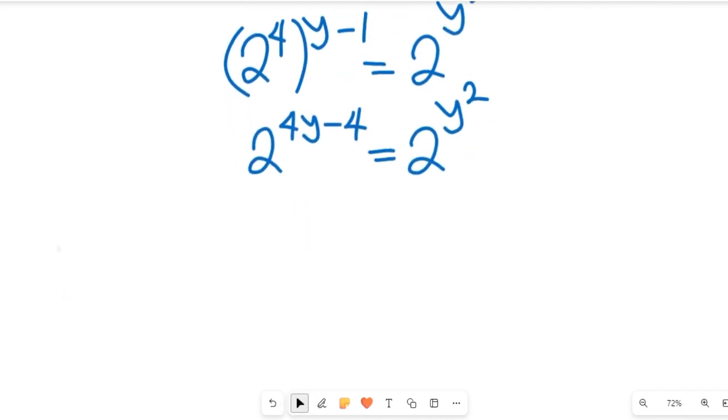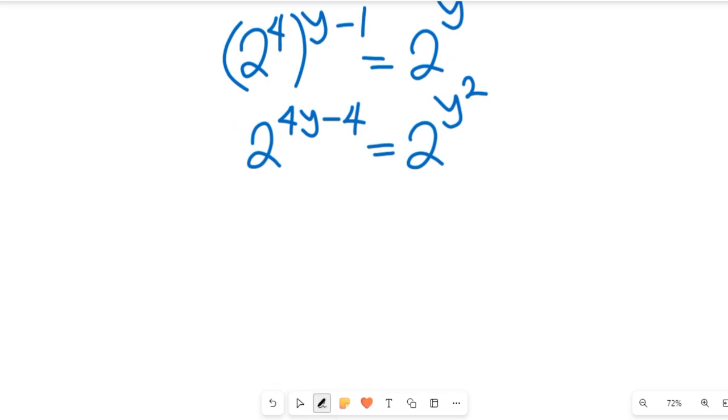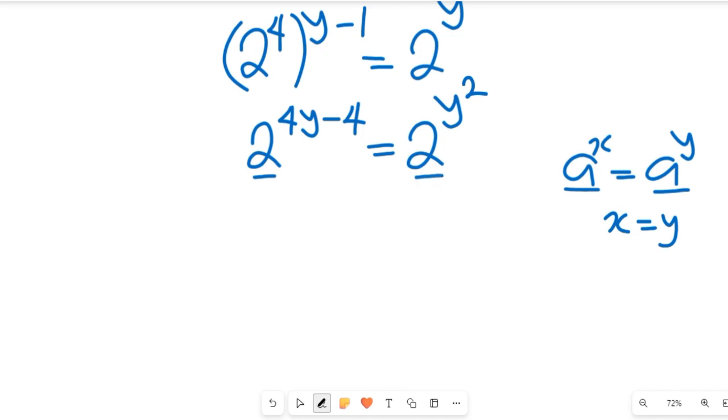Fine. So remember, we have same base. If we have a to the power of x to be equal to a to the power of y, then our x will be equal to y. Why? Because we have the same base. So if we have the same base over here, 4y minus 4 will be equal to y squared.